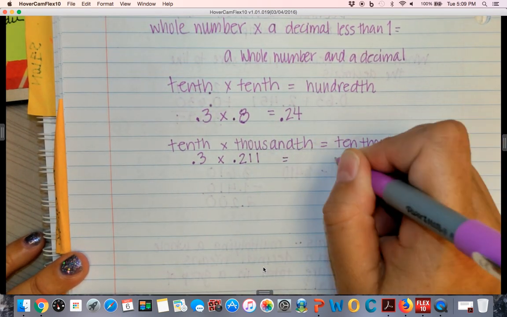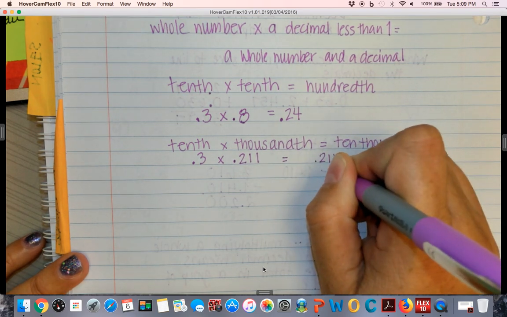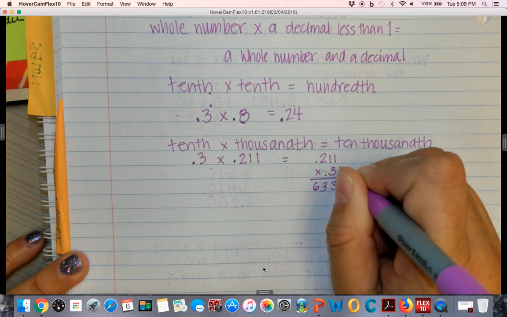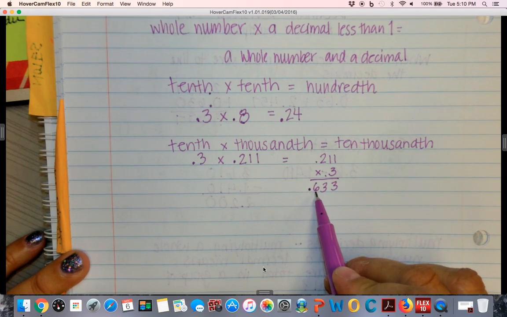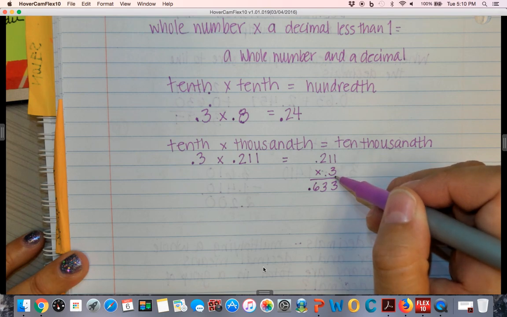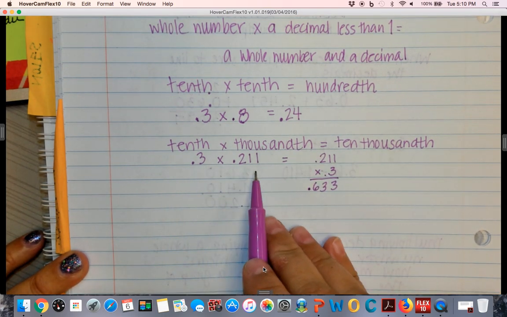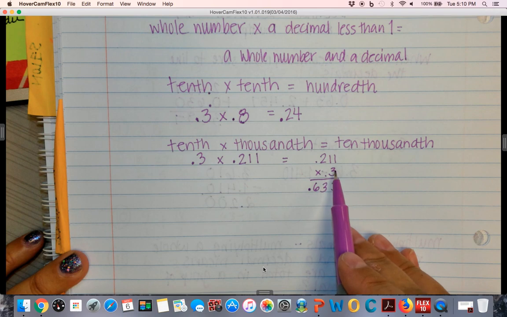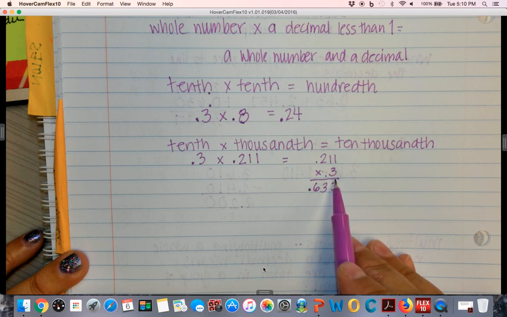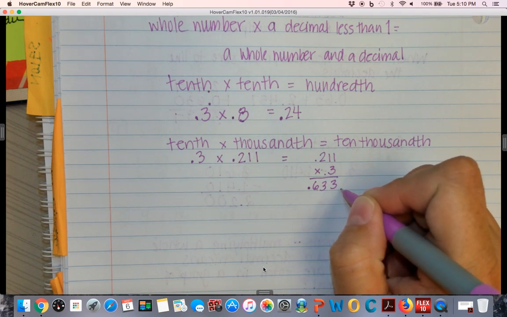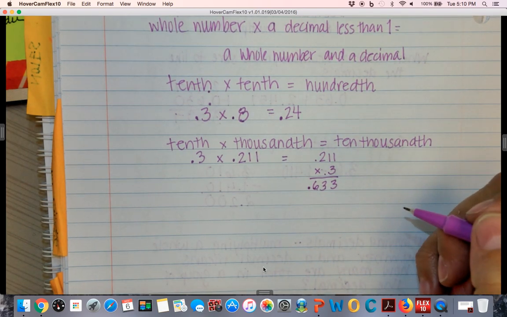That's a tenth. That's a thousandth. 3, 3, 6. Wait, that doesn't work. Tenths, thousandths, tenths, hundredths, thousandths. That still gave me a thousandth.